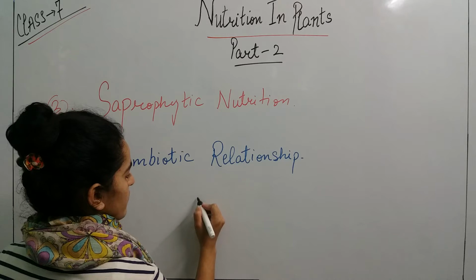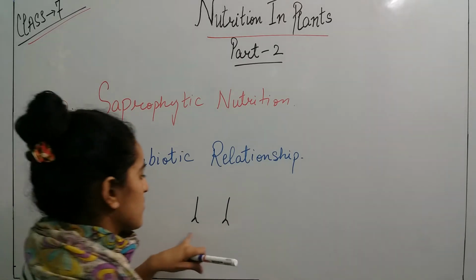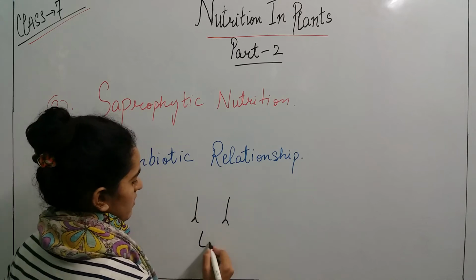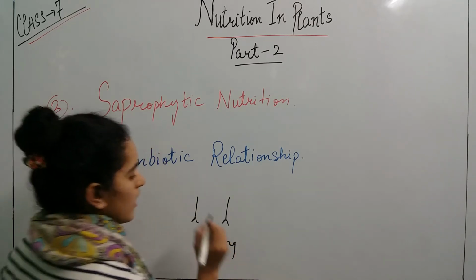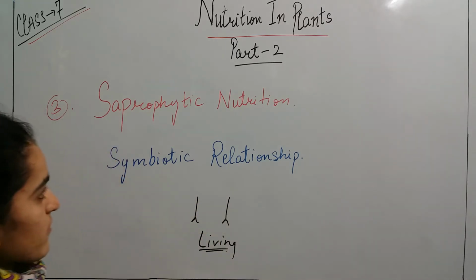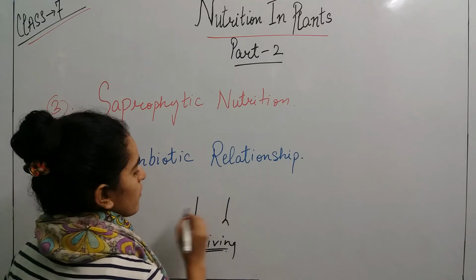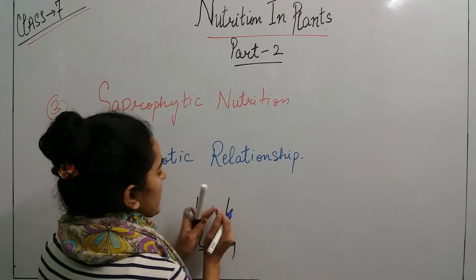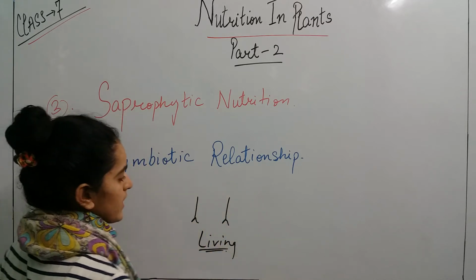Now in the symbiotic relationship, two organisms are there. Suppose there are two organisms. Point to remember, these both are living, and both of them give benefits to each other. ये एक दूसरे को कुछ ना कुछ benefit देते हैं.